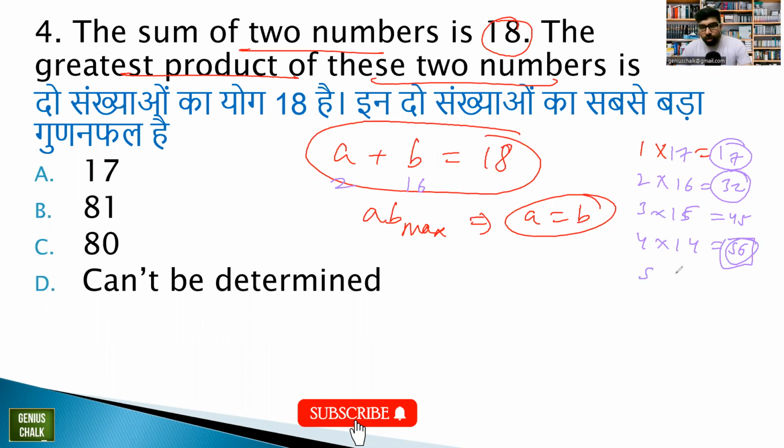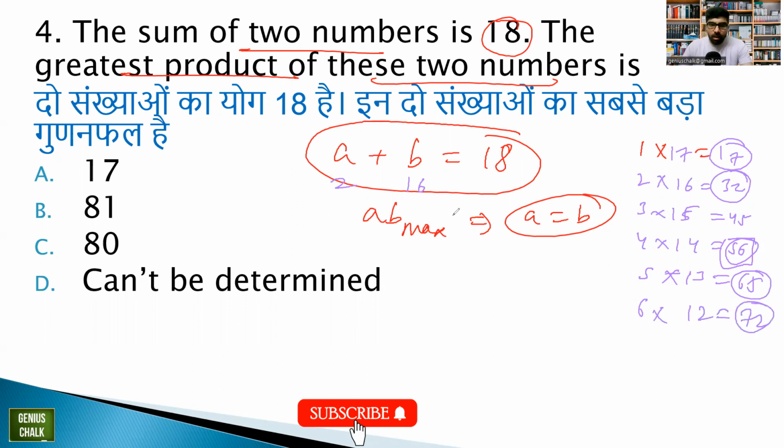Next is if you put 5 and it will be 13. So 13 into 5 is 65. Yeah, we are going ahead. The product is getting more, you can see. If you see 6 and it is 12, it becomes 72.